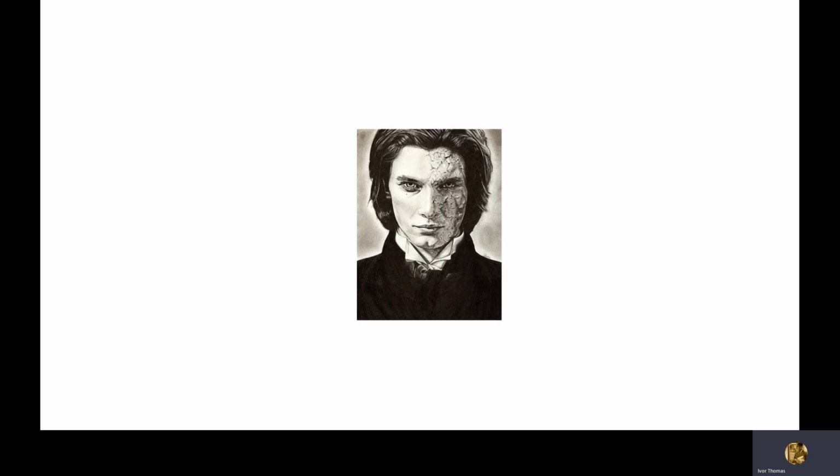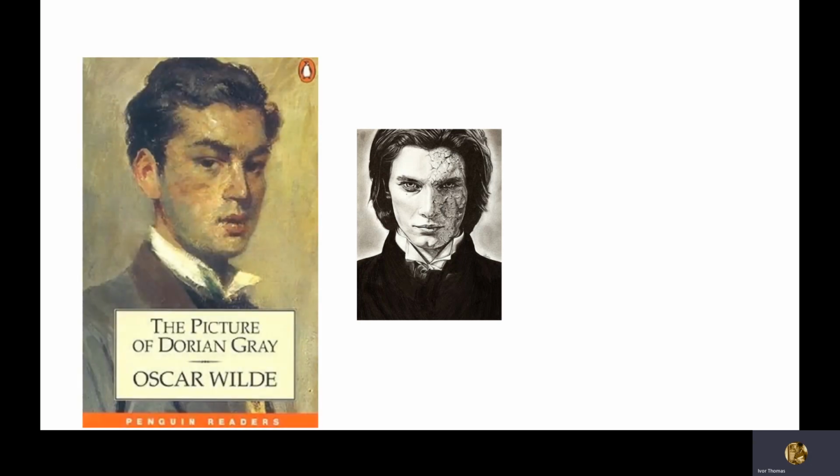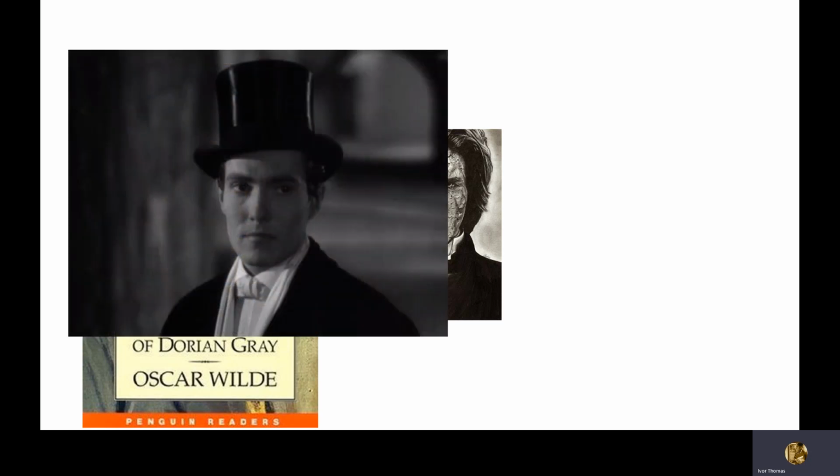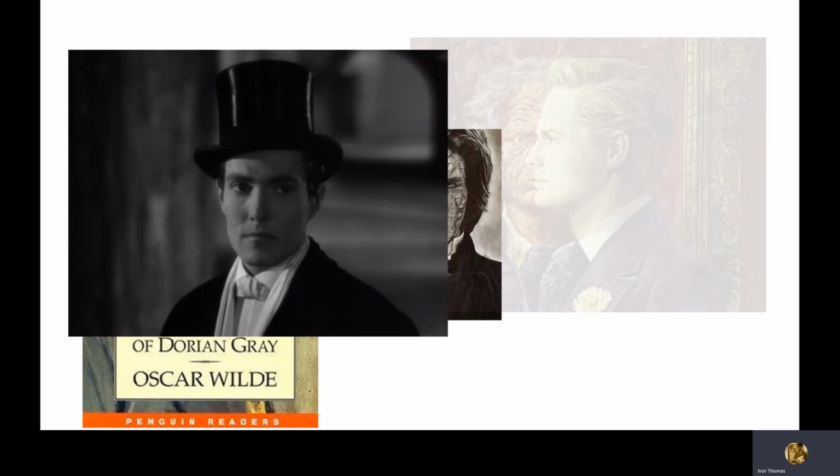So this is Dorian, the youthful one, and the corrupt one on the right-hand side. Here is a book cover of a youthful-looking Dorian. Of course, he's a dandy, he's elegant, or you could say he's an exquisite, which means he's flawlessly dressed, and remains so, really, until the very end of the novel.